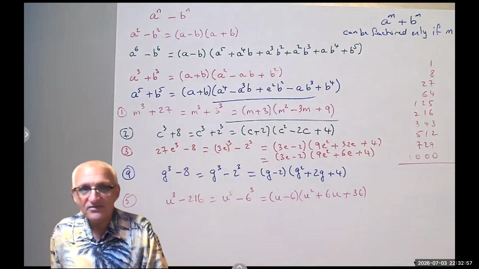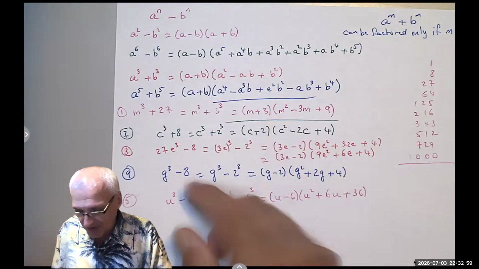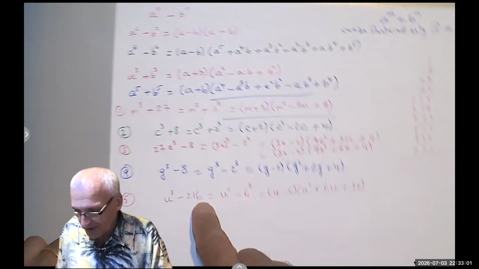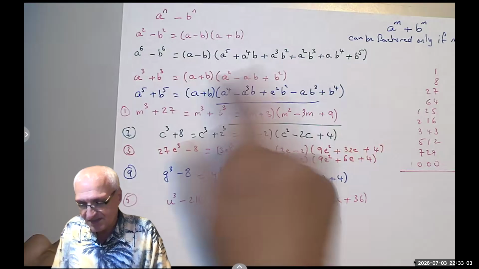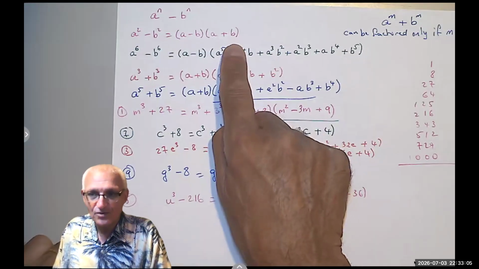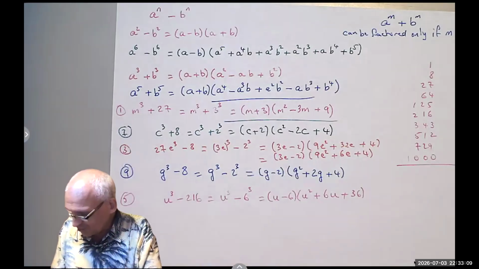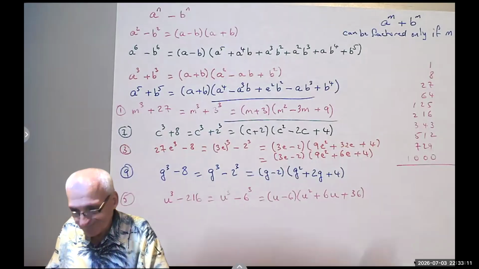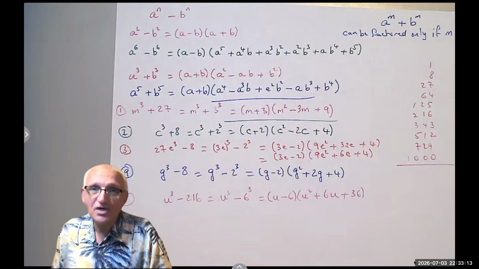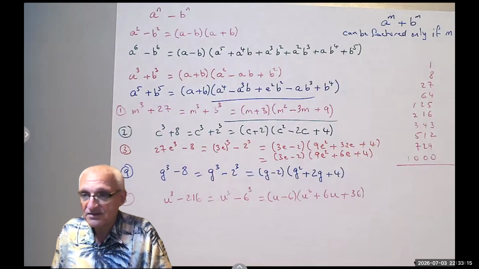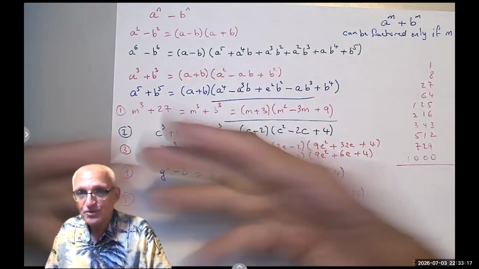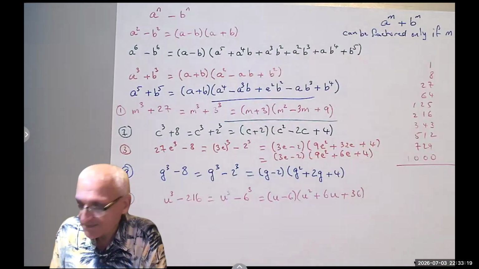I doubt you will ever get anything more than cube. You see here, all of these were cube. We already know the square, so it's really pretty straightforward. So that was a short session, but it's important to know how to factor the squares or the cubes or differences and sums.